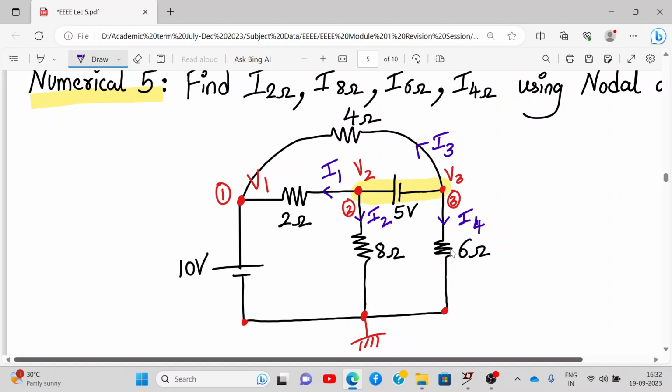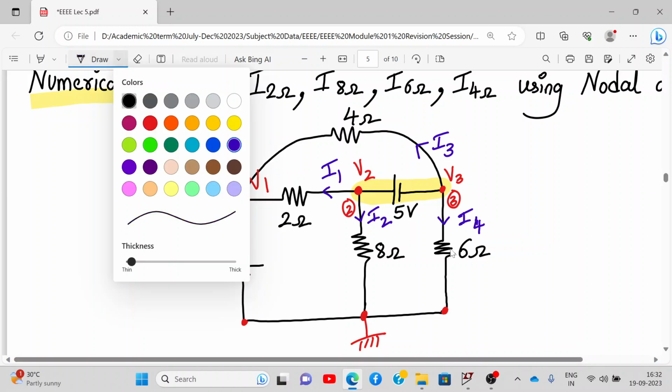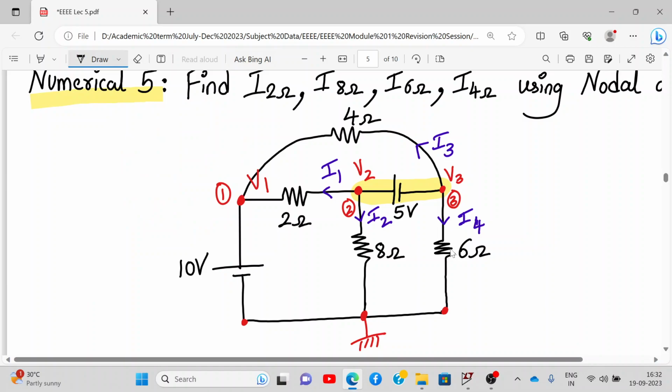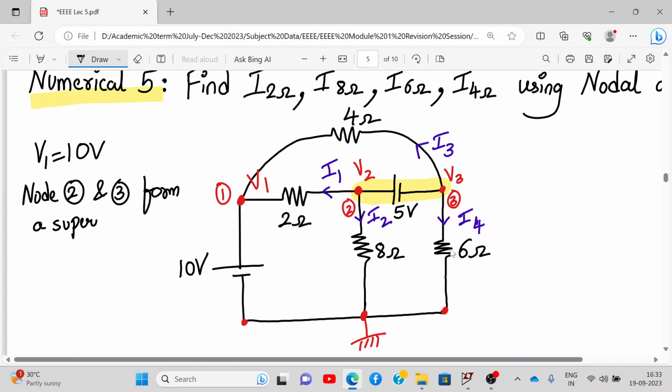Now, as we have seen before, if there is a voltage source connected between a node and the ground directly, then V1 will be directly equal to 10 volt. Now we can also write that nodes 2 and 3 form a supernode, so we write the node voltages in terms of the supernode.